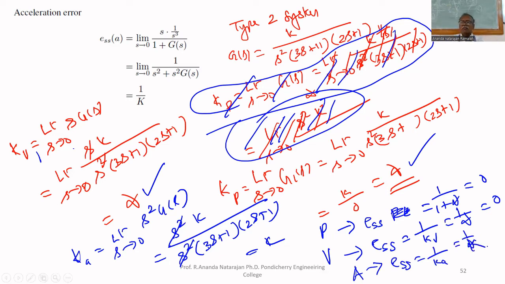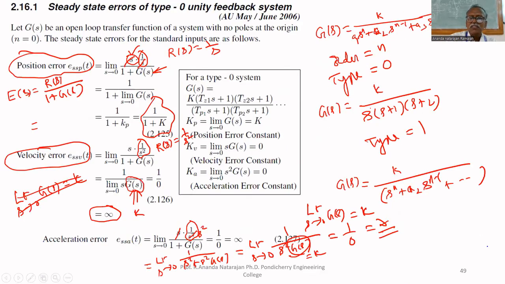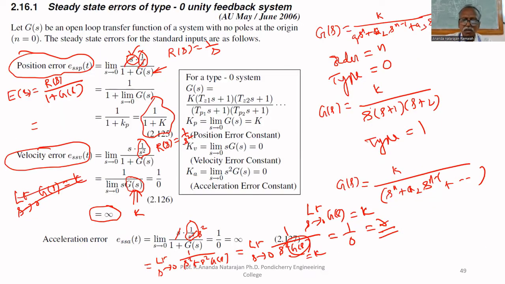Now you can notice how the error changes as the type number increases. In the first case, for the type 0 system, what error did you get? 1 by 1 plus K for position error.